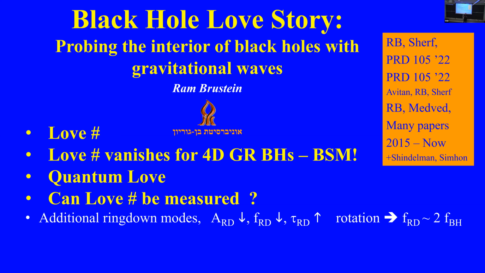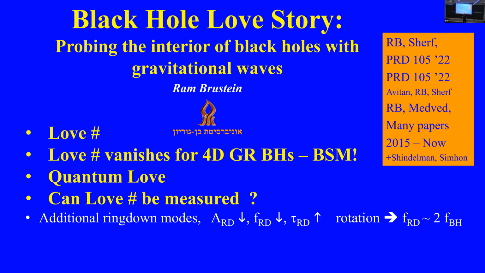If it's non-rotating, you have an additional branch of quasi-normal modes at very low frequency with very large lifetime, with a hierarchy between the frequency and the lifetime. The lifetime is much longer than the frequency. You mean if it is rotating? No, if it's not rotating. If it's not rotating, it's only 1/10, I think, no?